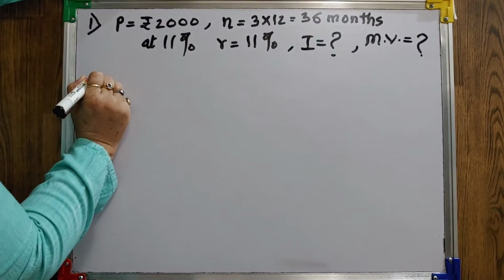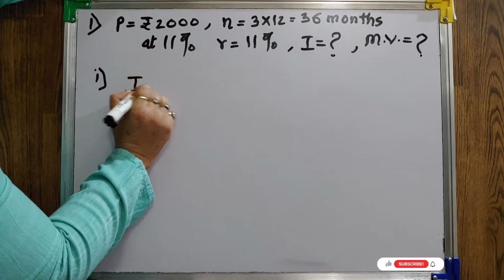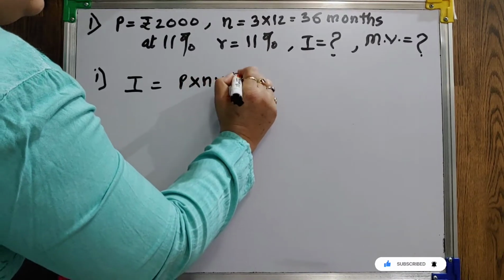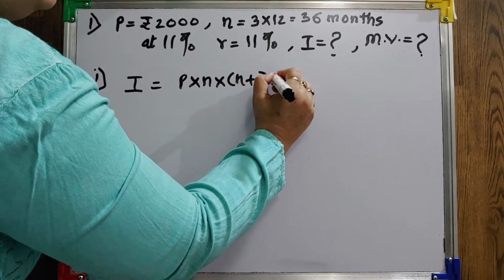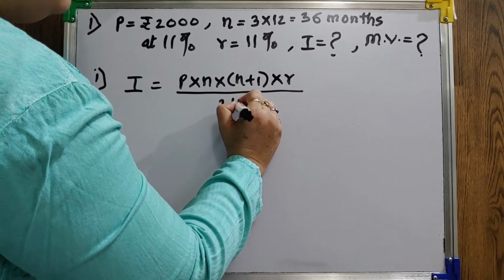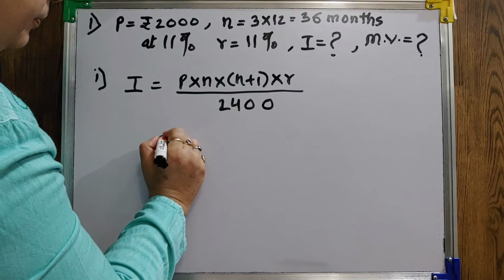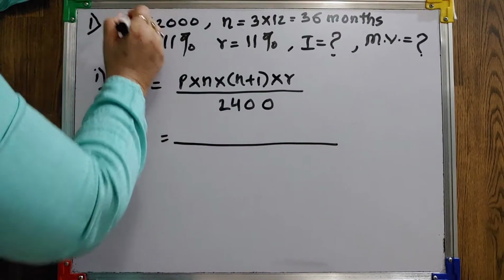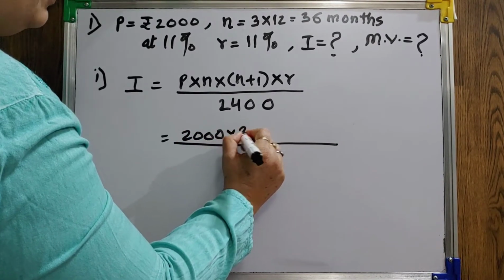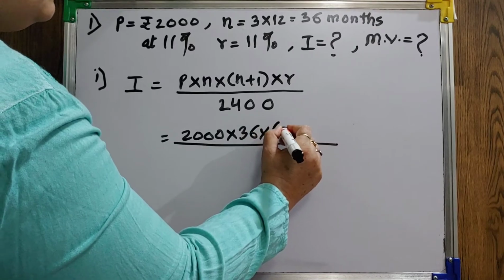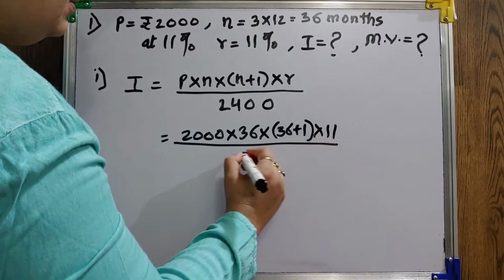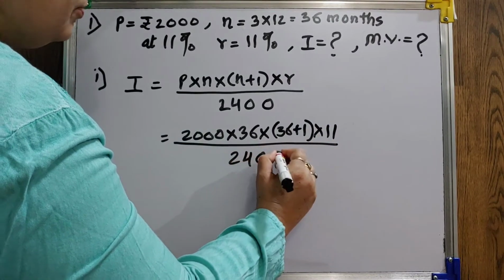Now, first of all, you calculate the interest. You know the formula P into n plus 1 into R upon 2400. Now, what is your monthly installment? 2,000. Number of months? 36. So 36 plus 1 into 11 upon 2400.